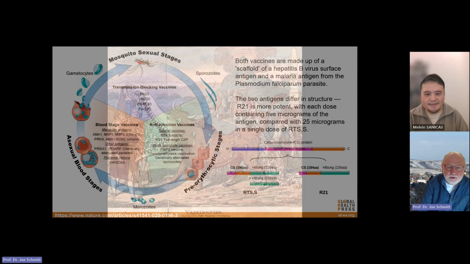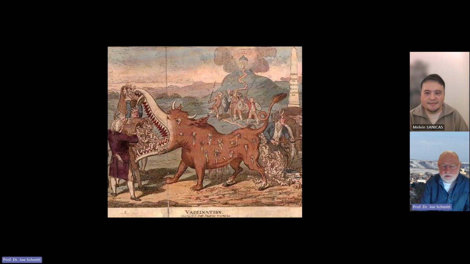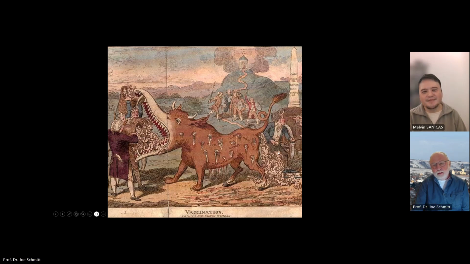And I'm continuing with vaccine hesitancy. What you see here is the perception of smallpox vaccination 200 years ago, where the children, the vaccinees, are thrown into the throat of the smallpox cow, and all children die from smallpox vaccination. So vaccine hesitancy is nothing new.